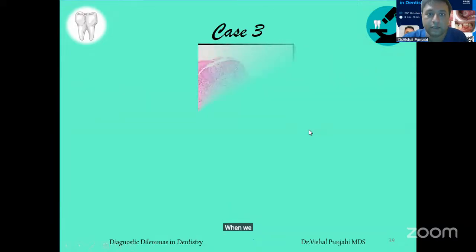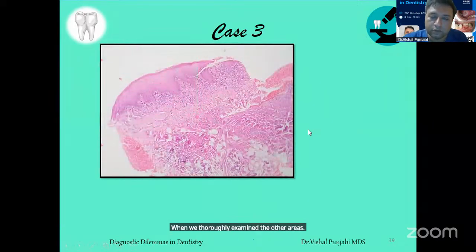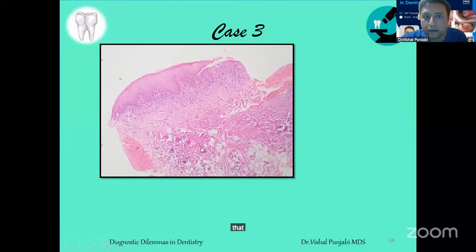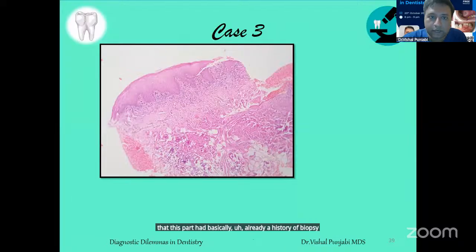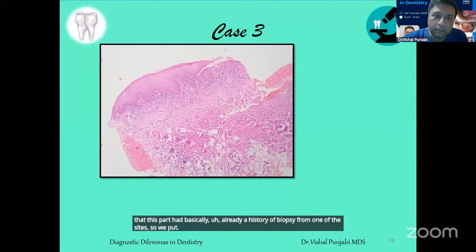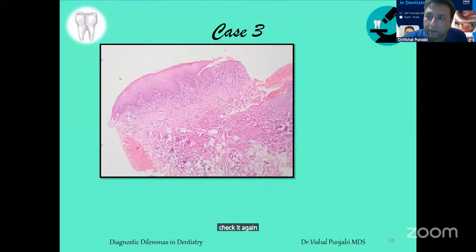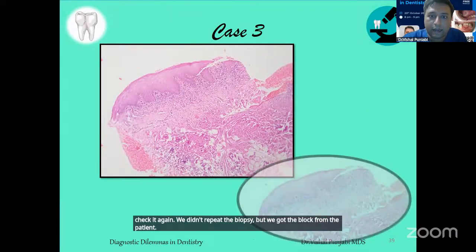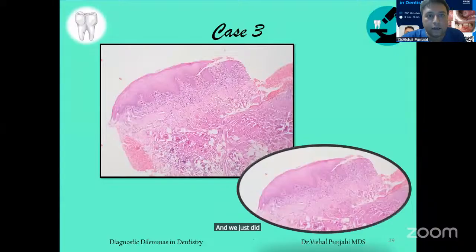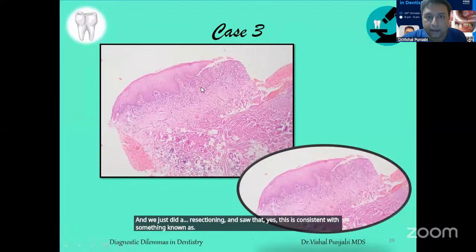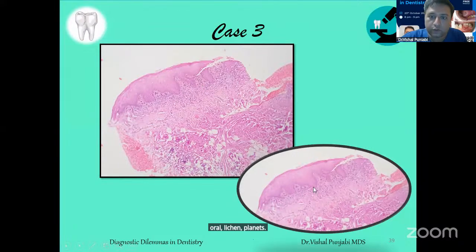When we thoroughly examined the other areas, we also saw that the patient already had a history of biopsy from one of the sides, so we could check it again. We didn't repeat a biopsy, but we got the block from the patient, did a resectioning, and saw that yes, this is consistent with something known as oral lichen planus. So this was very much consistent with that based on histopathology.